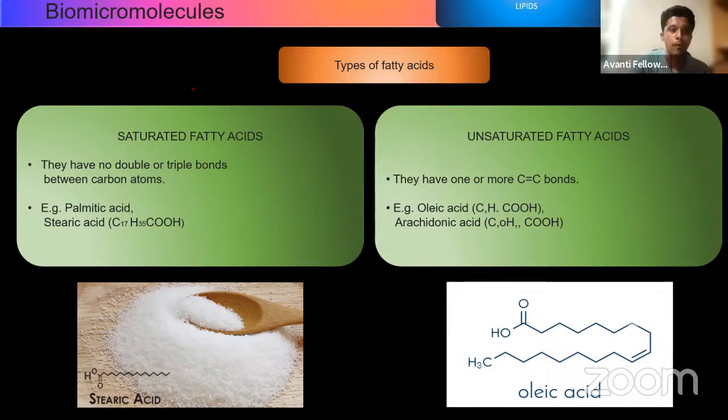One type of fats we call saturated fatty acids or saturated fats, and the other type we call unsaturated fatty acids. So what is saturated and what is unsaturated fat? It's very interesting to learn about saturated and unsaturated fats. So let us talk about saturated fats.